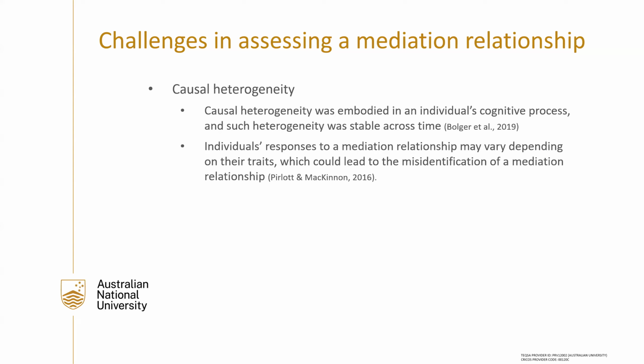Thus, our research should definitely address this point. However, our previous approaches, especially the regression-based approach, only focus on the average level of these mediation relationships, ignoring this causal heterogeneity. So to address this challenge, here we introduce some approaches from other disciplines.